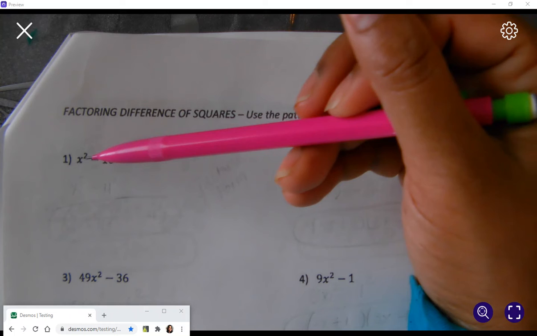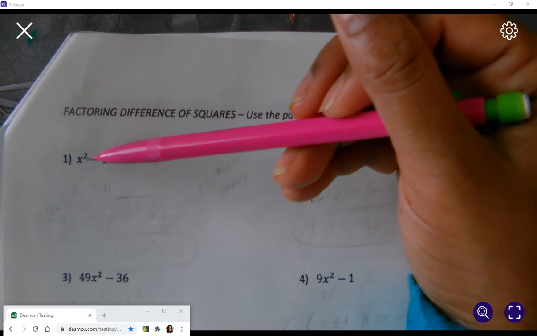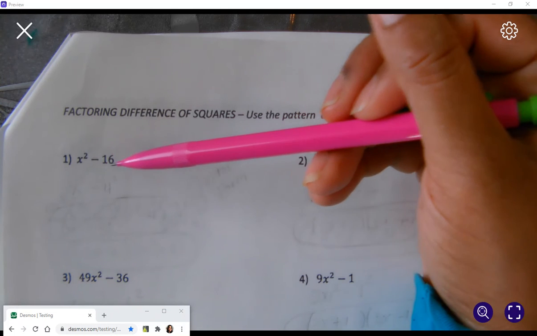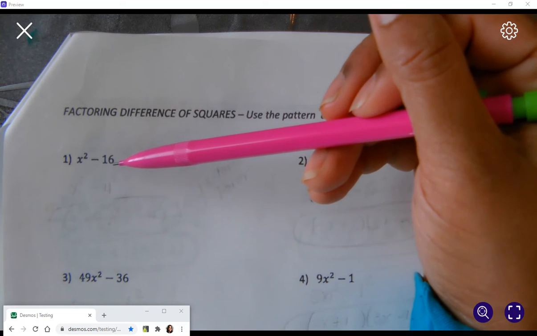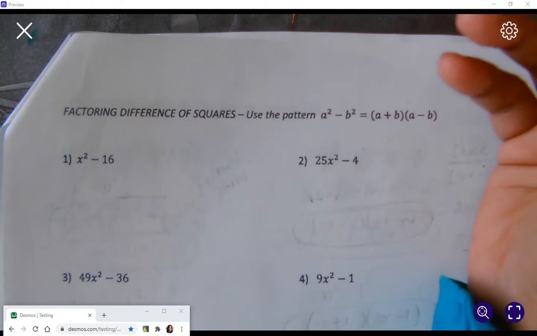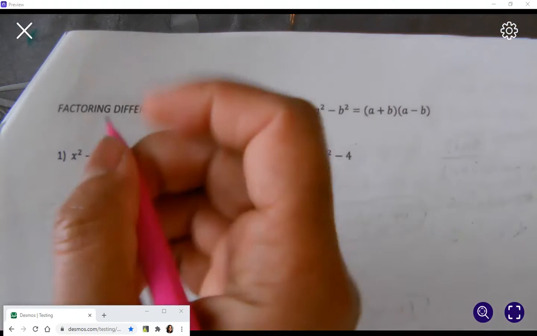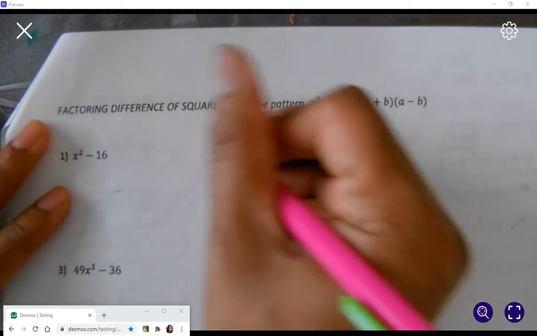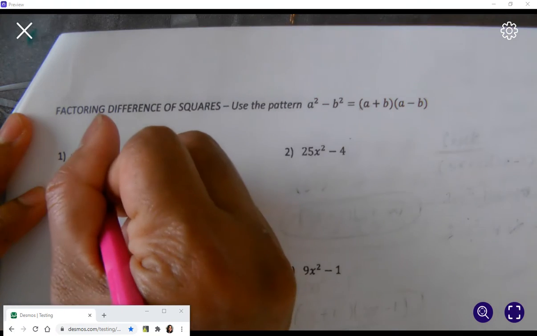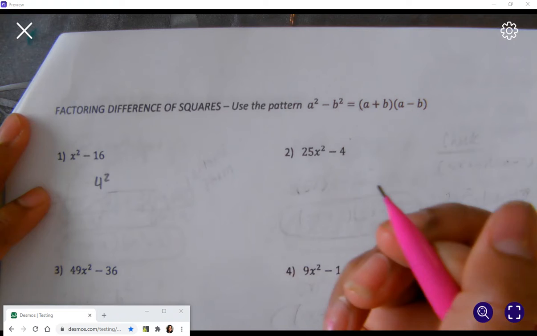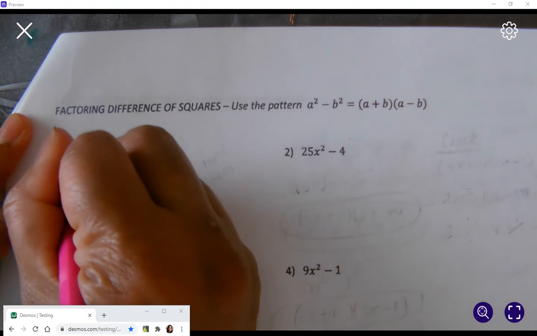All of the problems on page 3 have this pattern where you have a squared minus b squared. Well, you see that it is x squared, and then you have minus 16. But how can I write 16 as a square? Well, let me see. 16 is the same thing as 4 squared, because 4 squared is equal to 16.